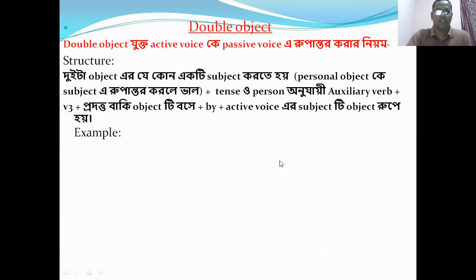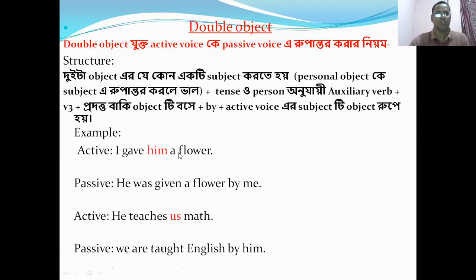Then next, if we get double object in active voice, then we have to make it passive in this way. For example, I gave him a flower. There are two objects, him and a flower. One is a personal object and the other is impersonal.